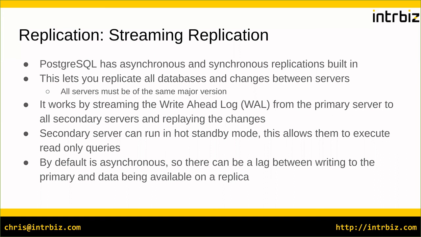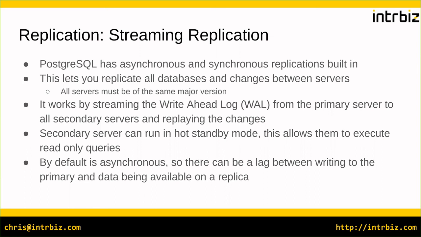The write-ahead log contains every change that's going on inside your database. What streaming replication does is push that to your replica server, and your replica server just replays that log as it would do in what's called recovery mode.